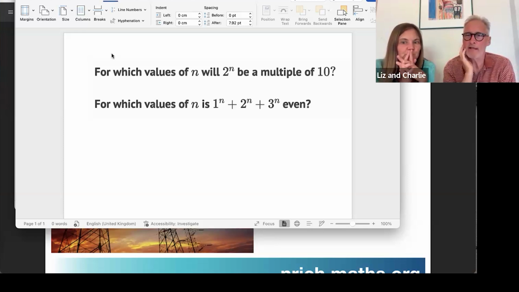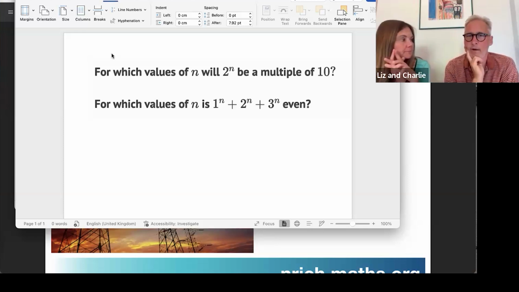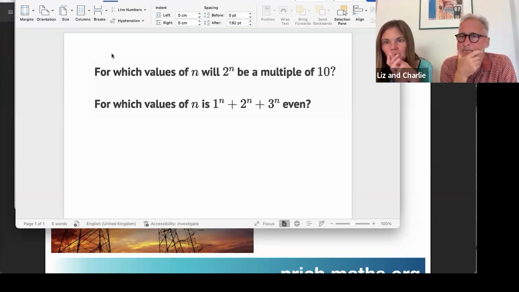And if Eddie was one of my students in my class, I might ask him, how does he know that 1 to the n and 3 to the n are always odd? Now, Yamuna has written something that might help answer that kind of question.